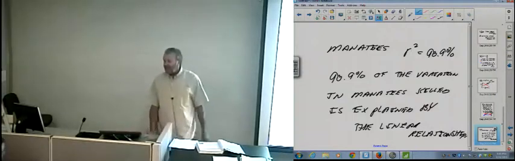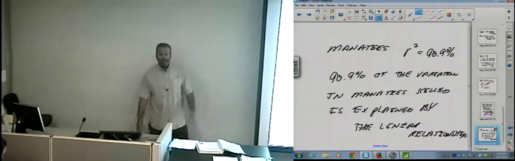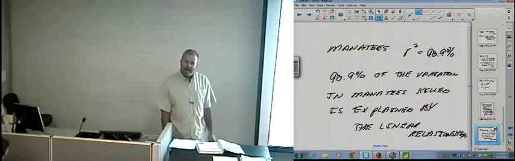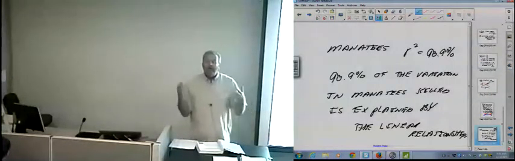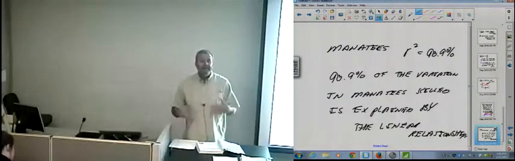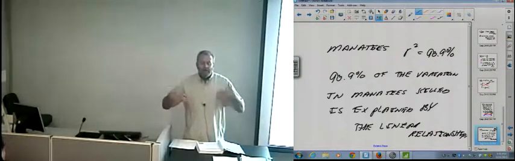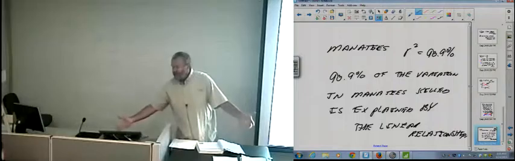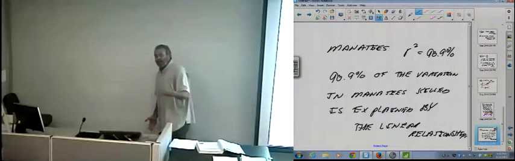That's as good as it gets. Unless you let me pick the data, you ain't going to get no better than 90.9%. The closer that number gets to 100%, the better the line fit the data, the more accurate our predictions, the more we trust them. The more the variation in your response variable that is explained by the linear relationship.